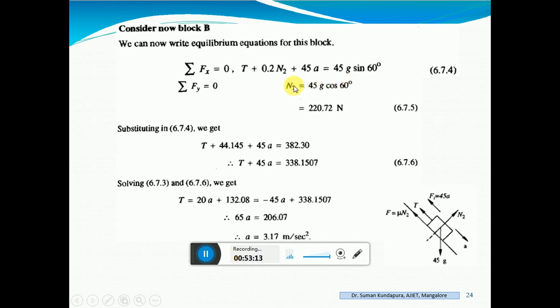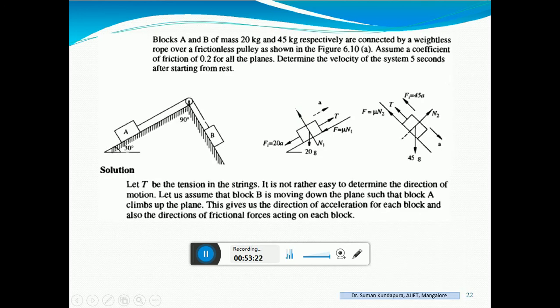So taking it to the right hand side, you will get N2 is equal to 220.72 newtons. Now I have not done summation F of x is equal to 0 for this. Summation F of x is equal to 0, F1 plus T, okay, this is the negative x-axis, right? So this is going towards the negative x-axis.